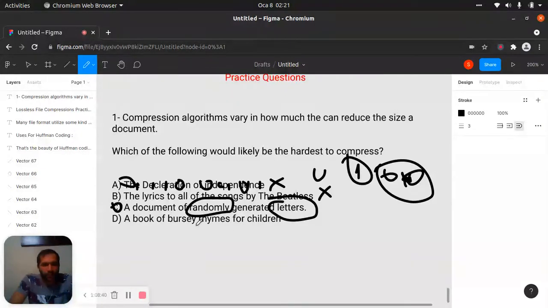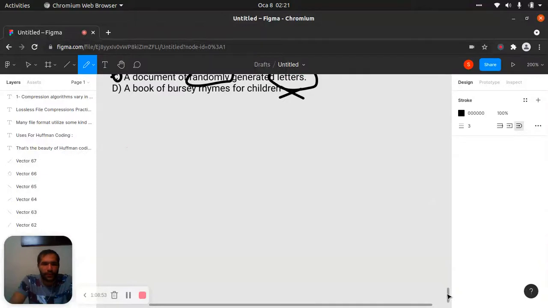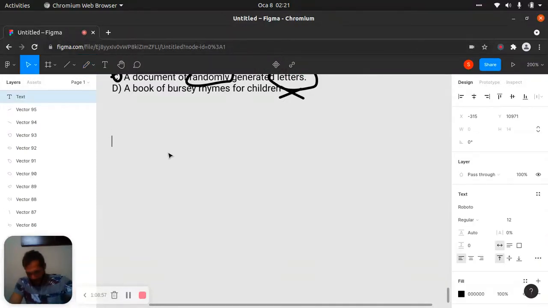A book of nursery rhymes for children, it's not birthday, it's nursery rhymes. So this is also the same concept. It is also not too difficult. Let's come down. This is also the solution. Let's look at the second question.